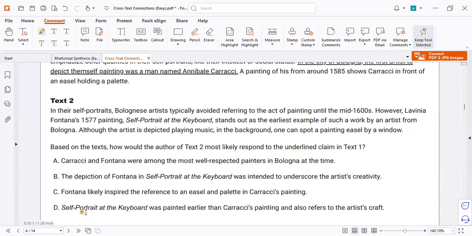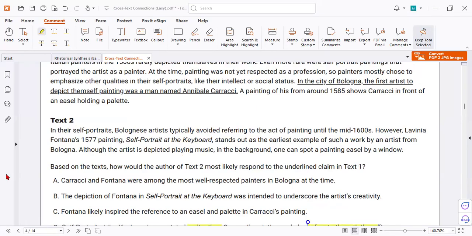Look, he mentioned here the self-portrait and the keyboard was painted earlier, and it refers to the artist's craft. Let's read about it. He said in their self-portraits, artists avoided referring to the act of painting until mid-16th century. I'm looking for this point.